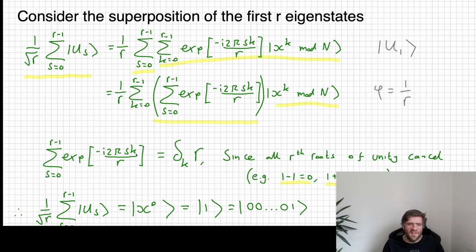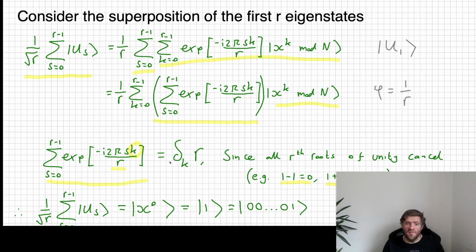So in this case, we are summing up roots of unity, all r of the rth roots of unity. The only time we're ever going to get something that isn't 0 is when they are all just 1, and they will all be 1 if k is 0.